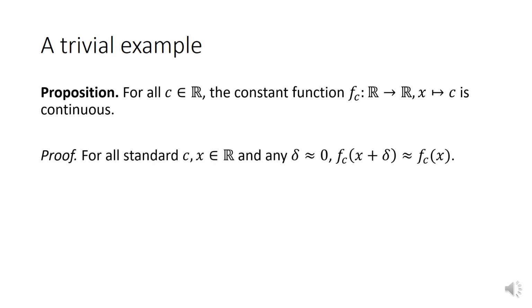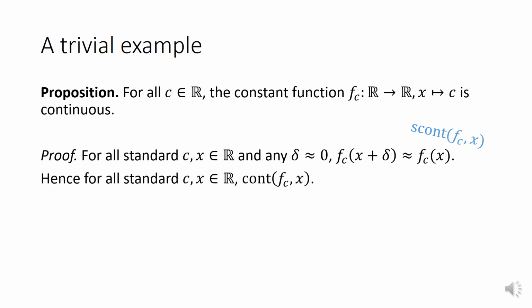For all standard reals x and any infinitesimal delta, fc of x plus delta is infinitely close to fc of x, since all function values are even equal. That is, for all standard reals x, fc is S-continuous at x. Hence, for all standard reals x, fc is continuous at x, because for standard parameters continuity means S-continuity.